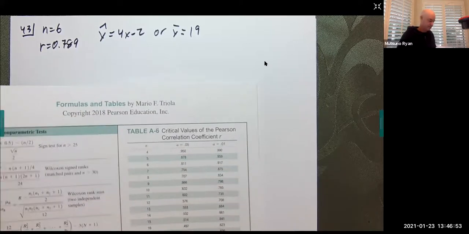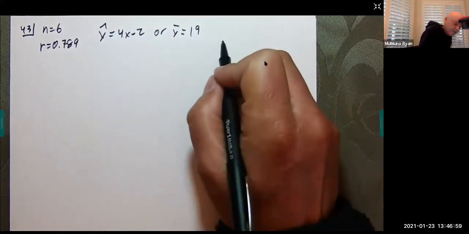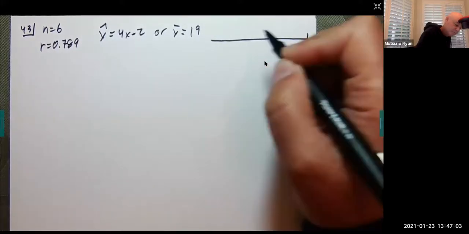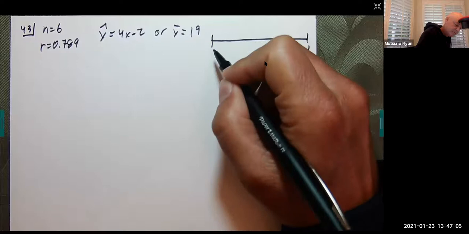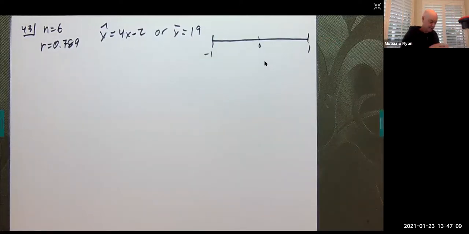I'll show you why I do that here in a second. So with linear regression, we have this. And when we look it up on the table, the 0.811 is my boundary.